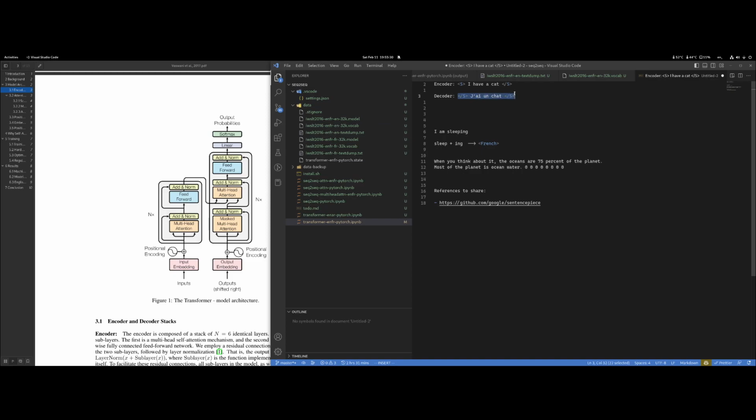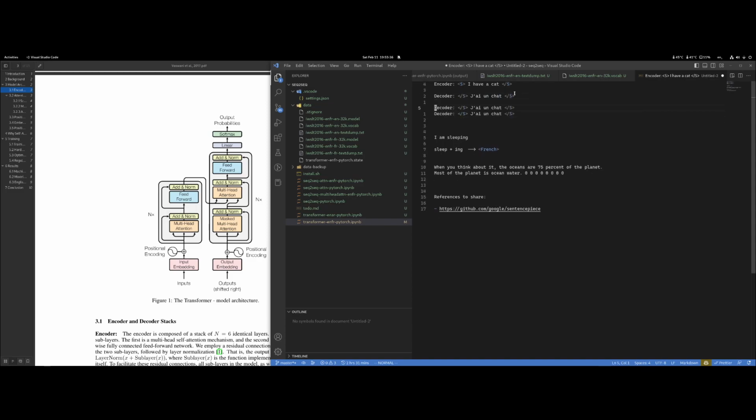So the decoder will receive two statements. One of them is going to be the input. The input to the decoder is going to be this one here, and then the output of the decoder is going to be like this.